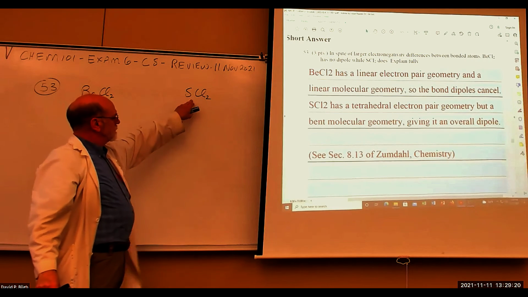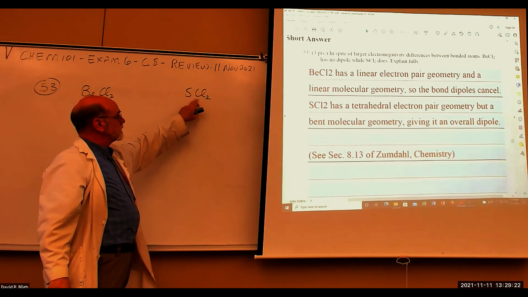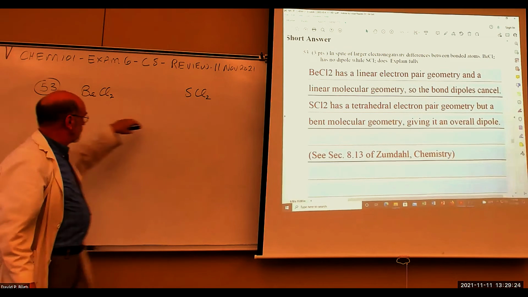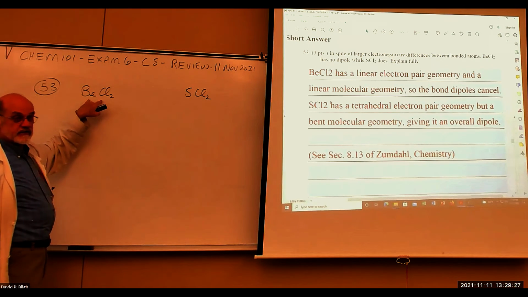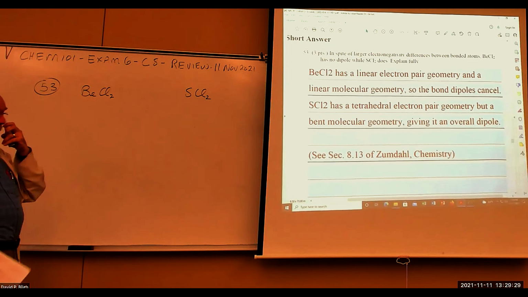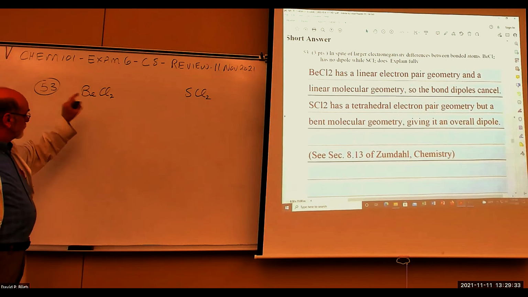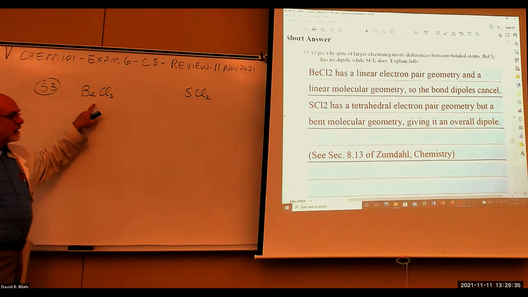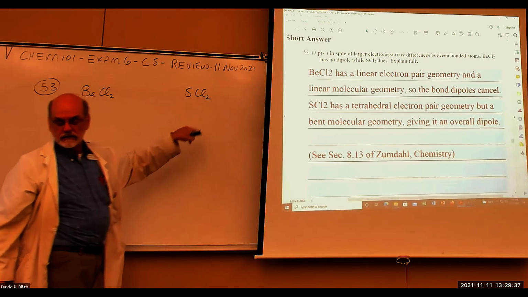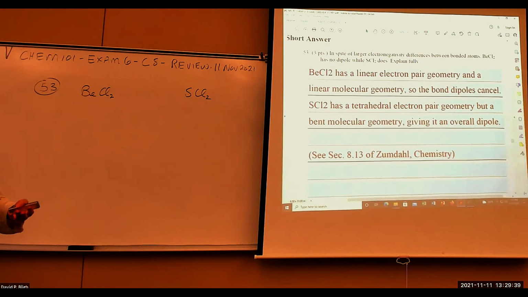The electronegativity differences between these two is very small. The electronegativity difference between these is very large. Right? But the fact of the matter is, this one's nonpolar, and this one is polar. So what does that tell you? That tells you that geometry plays a major role in these molecules.